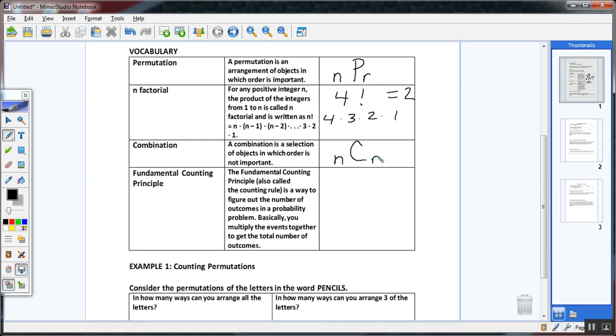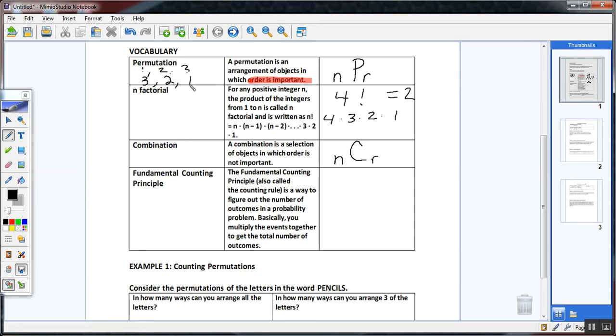So let's get into this right here. Let's start talking permutations. The thing I think that's really important about the definitions, permutations, order is what? Order is important, okay? So what I say is this. In a permutation, 1, 2, 3 is different than 3, 2, 1.